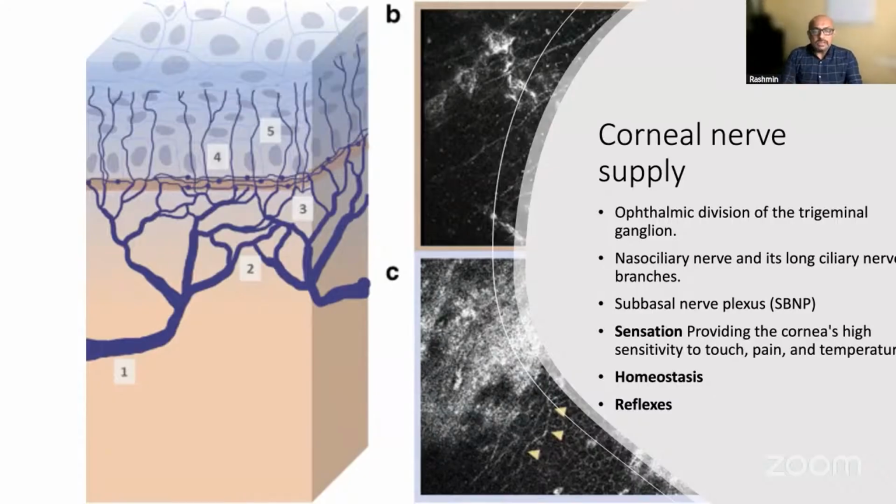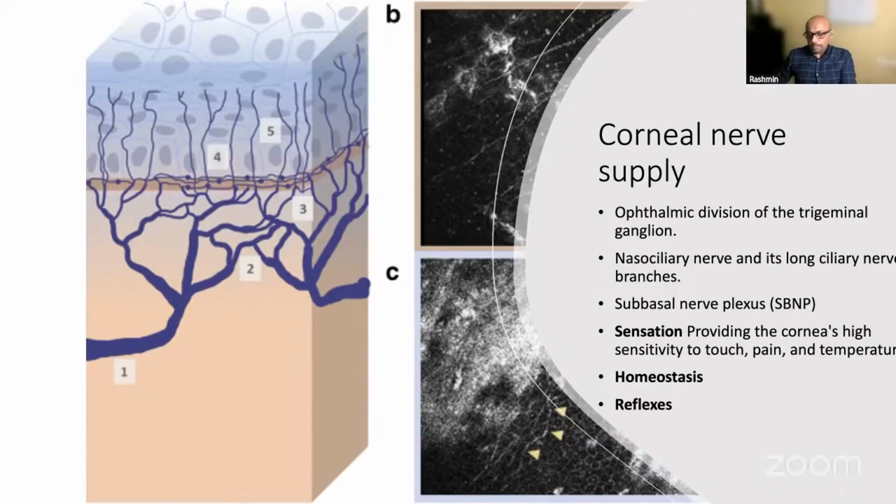And this leads to what is known as a blink reflex. So when you touch the cornea, it is really sensitive to touch. It generally causes pain because of the mechanoreceptors present there, and it's also sensitive to various other sensory stimuli. So the afferent arc is through the trigeminal nerve and the efferent is in the facial nerve.